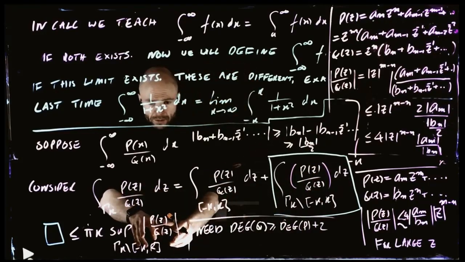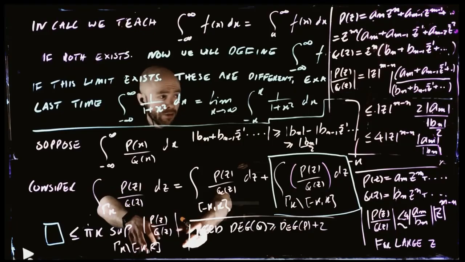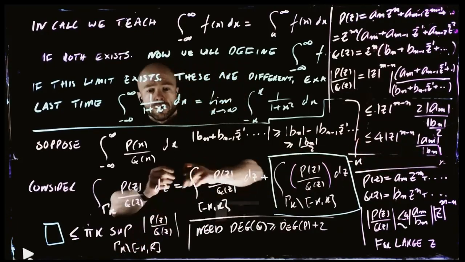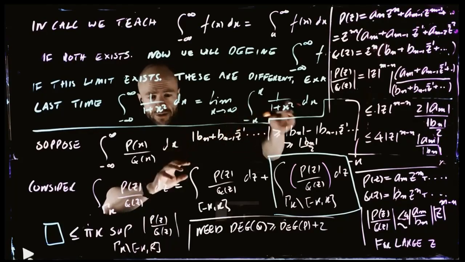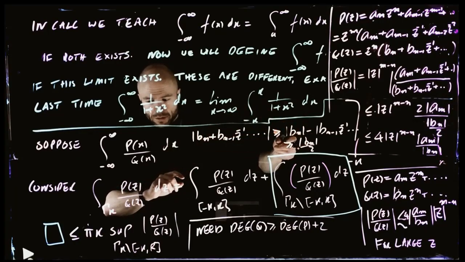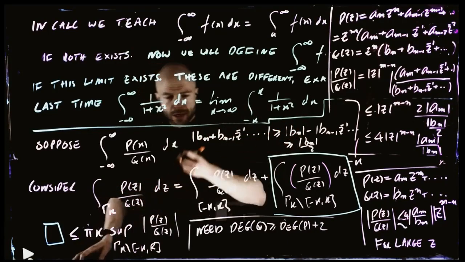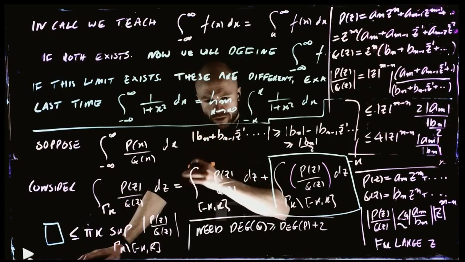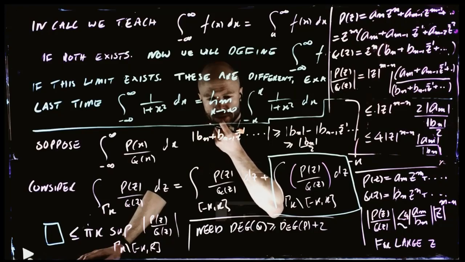Then we'll have some particular constant times mod z to some minus something, which is at most minus 2, which will definitely kill the r. All right, so everything should be completely nailed down with certainty at this point. Are you with me?